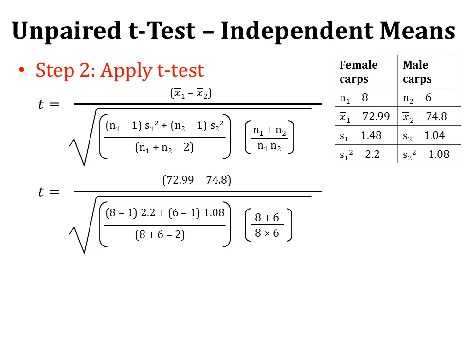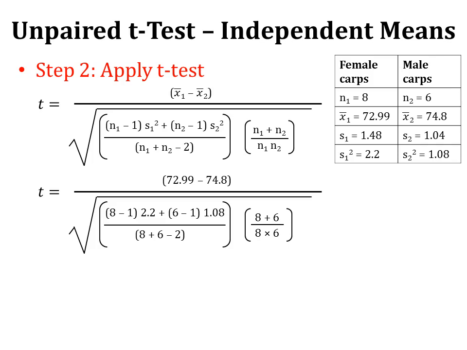In the denominator section, we first have 8 minus 1 multiplied by 2.2. 8 is the number of observations in the first group, the female silver carps, and 2.2 is the variance of the female silver carps. And then we have 6 minus 1, where 6 is the number of observations in the male group, multiplied by 1.08, the variance of the male silver carps.